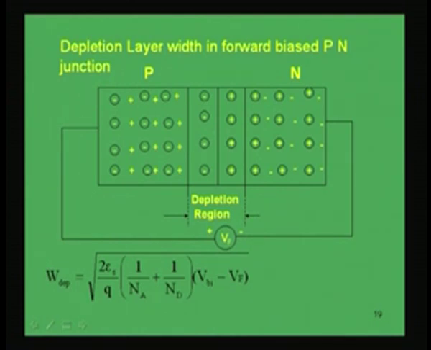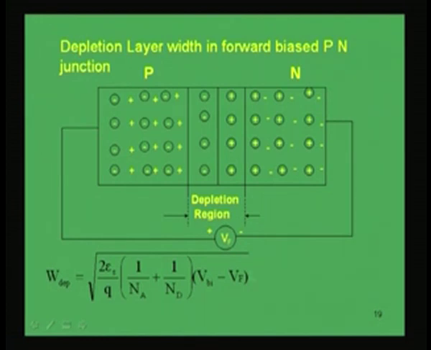So, they will be coming towards the junction, and in the process they will be neutralizing these ions, as a result of which the depletion layer width will be reducing. That means there will be less uncovering of the fixed charges. So, the depletion layer width reduces, and it will now be given by the earlier open circuit expression with VBI replaced by VBI minus VF, because the potential barrier is now reduced, the potential hill is reduced by this voltage.